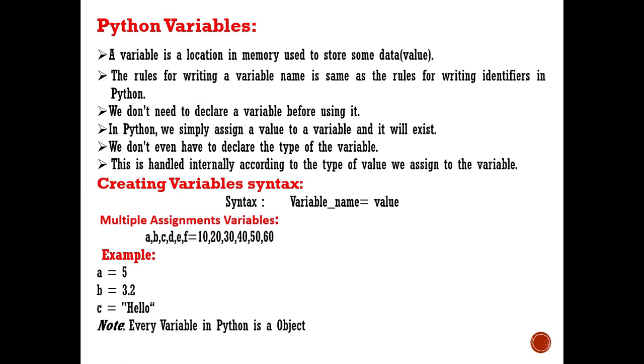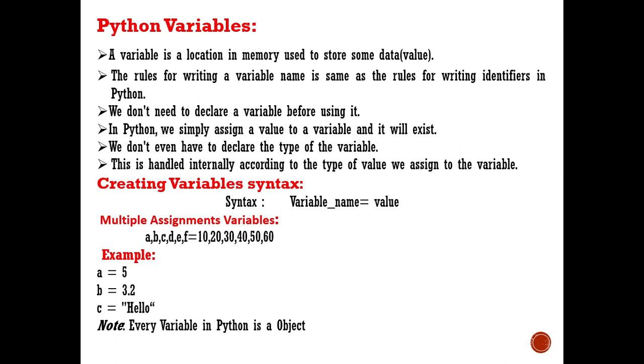Next comes the Python variable. A variable is a location in memory used to store some data. The rules of writing a variable name are the same as the rules of writing identifiers in Python. We don't need to declare a variable before using it.